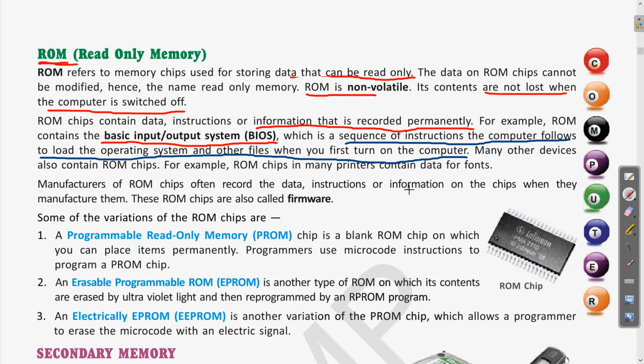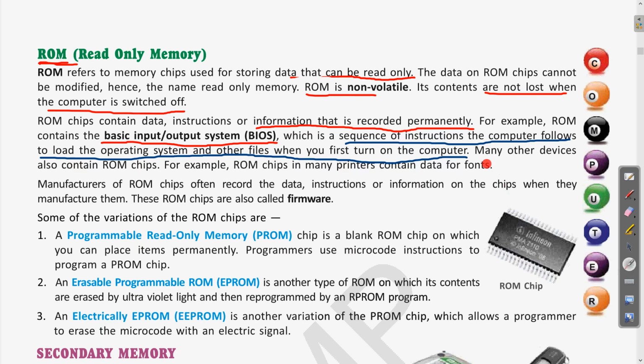If there is any problem with any of these attached devices like mouse or keyboard, it will give you an error message. Clear? So all this is a function of the BIOS chip, which is also a ROM. BIOS means the basic input output system.